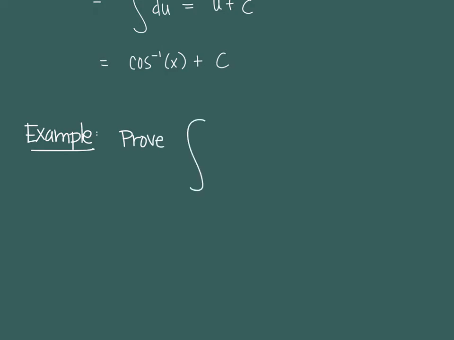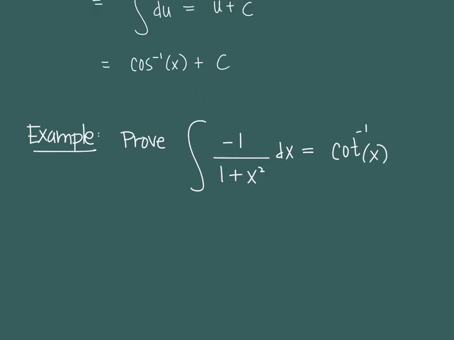We're going to prove that the integral of -1 over 1 plus x squared dx turns out to be, okay, so by memory, what do you know that to be? Oops, it's not negative, but it's inverse cotangent of x plus c.